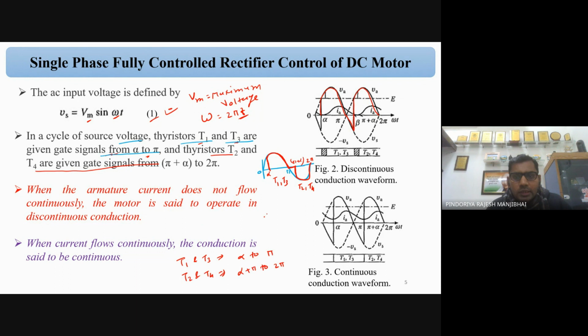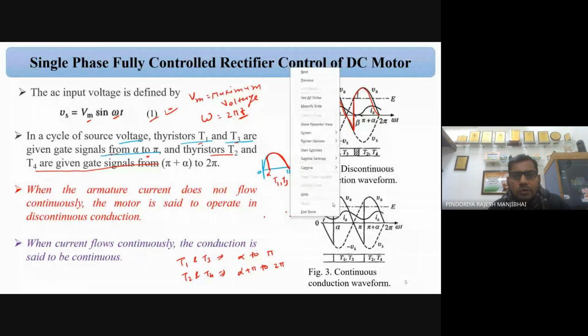So we can say, when the armature current does not flow continuously, the motor is said to operate in the discontinuous mode. Yes, continuous mode and discontinuous mode. We have two modes as we discussed in the previous class, correct?